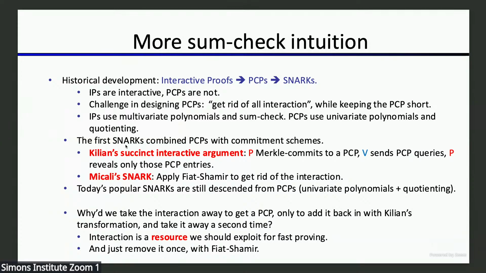Kilian's transformation into a SNARK brings interaction right back in. Then Micali had to Fiat-Shamir it to get the N in SNARK. Why did we remove the interaction twice? If we're going to have Fiat-Shamir, just remove it once. So we should be treating interaction as a resource to make the prover as fast as possible, and just remove the interaction once with Fiat-Shamir. Don't go through this double removal thing.